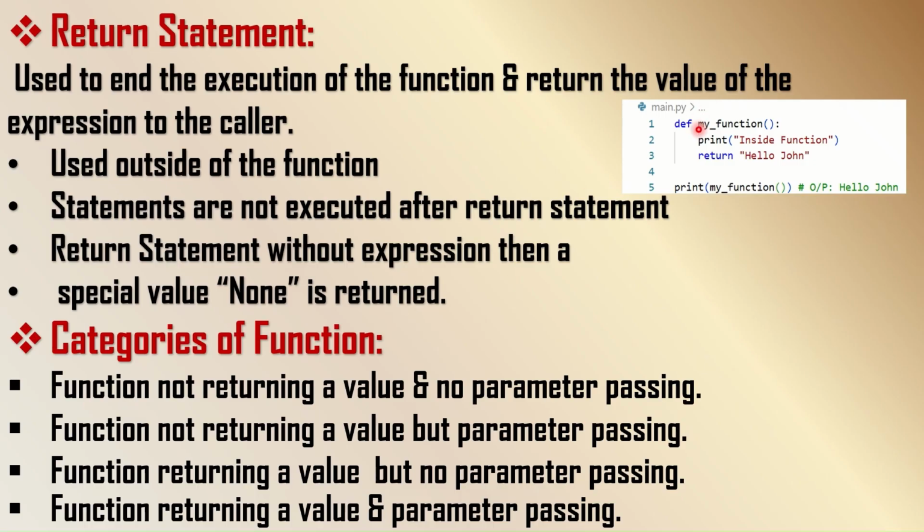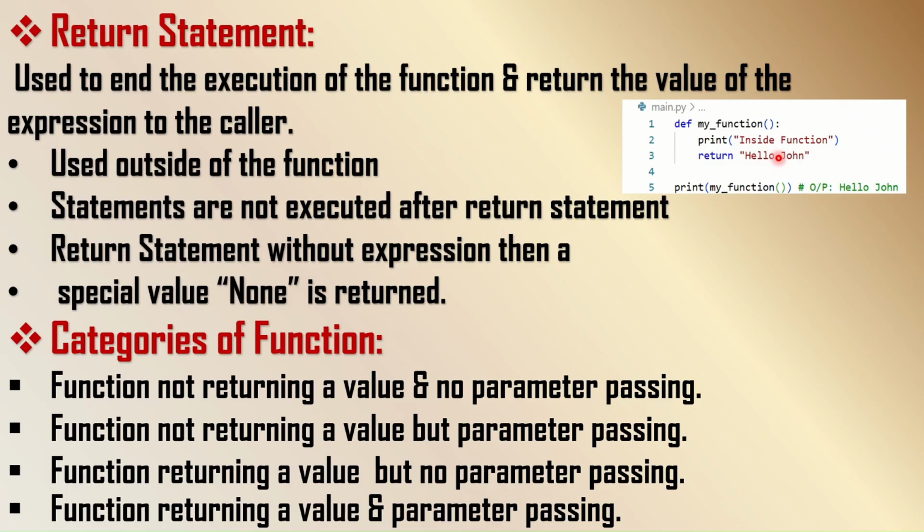Here you can see an example of the use of the return statement. I've defined one function named my_function, and within that function I have some block of code wherein I'm printing some message, and after that block of code I'm giving the return value. Whatever value I want to return back to the user or to the function call, I need to return that value.